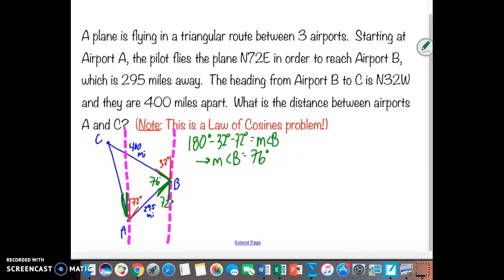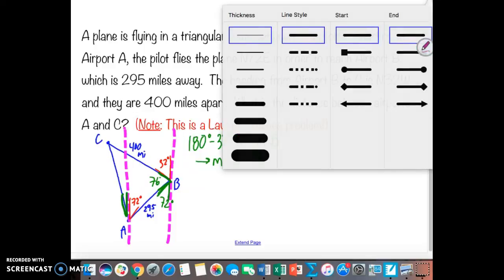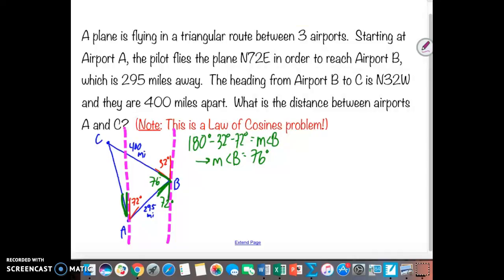Now that we have that information, we are able to solve for side length B. And B is the opposite of the angle B. Notice that we know the entire side length of A, and we know the entire side length of C, and now we know the measure of angle B. Since we now know side angle side, which tells us it's a law of cosines problem.